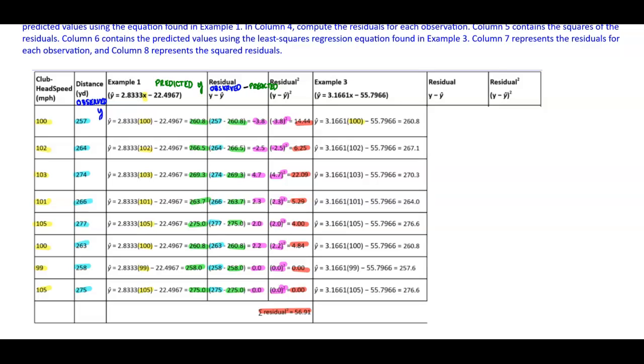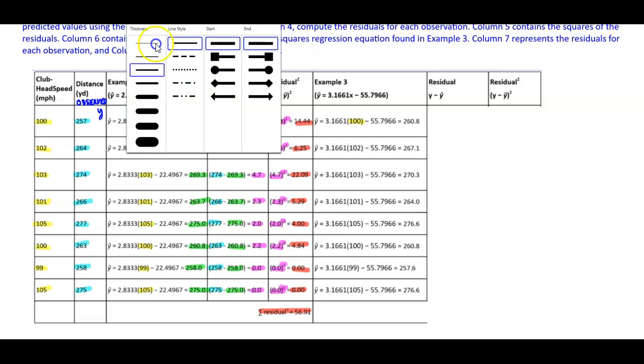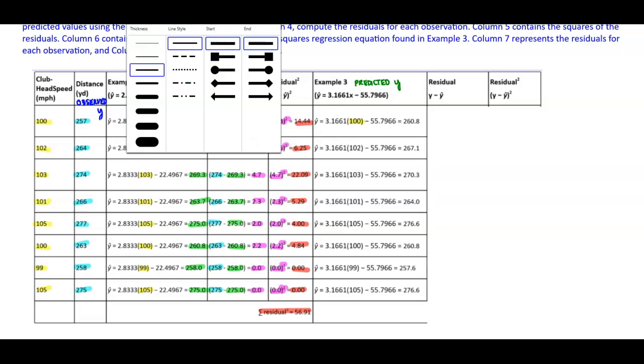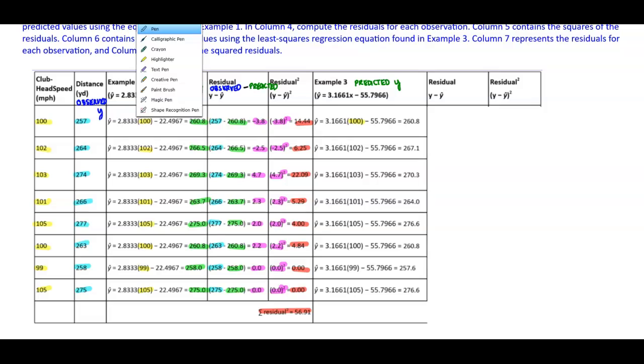It's now going to give us a predicted value for example 3. And again, recall that we substitute that into our equation and then get the predicted value.